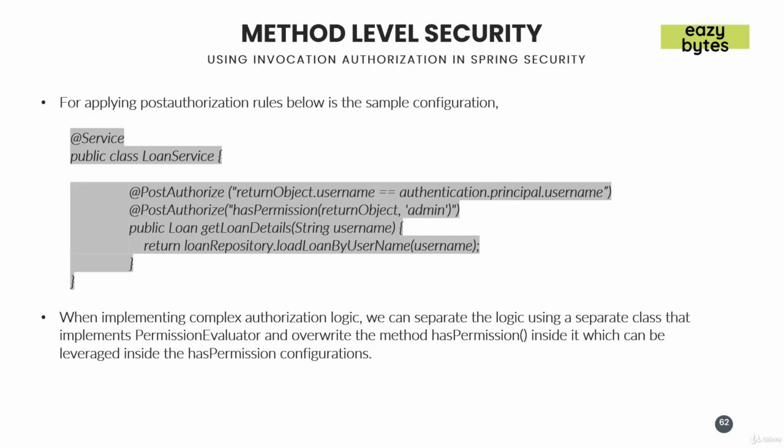But please remember, if you use post-authorized and the user is not authorized to invoke that method, post-authorized will still execute the business logic present inside that method, like committing the transactions to the database. But while returning the values to the user, if the authorization rules are not satisfied, then it will throw a 403 error, which is an exception.